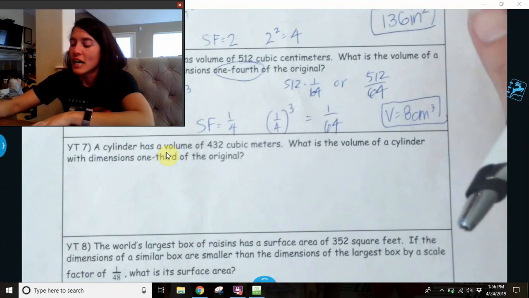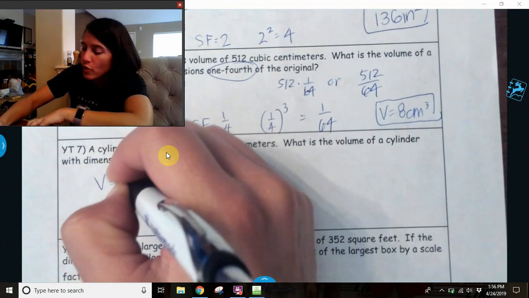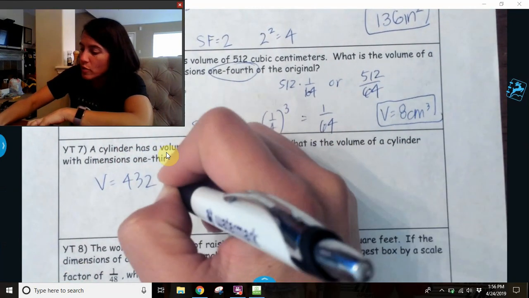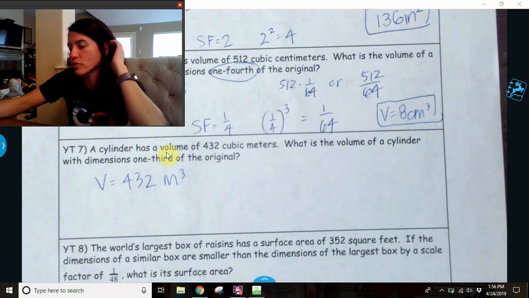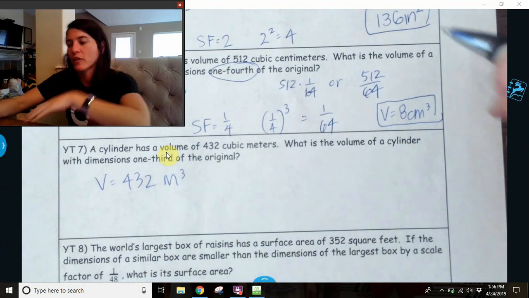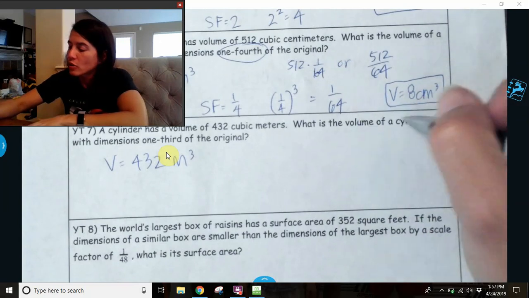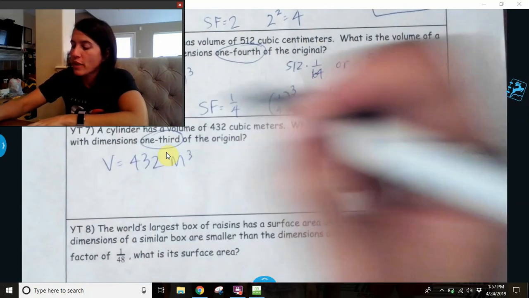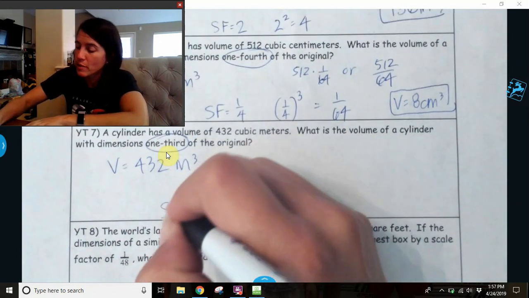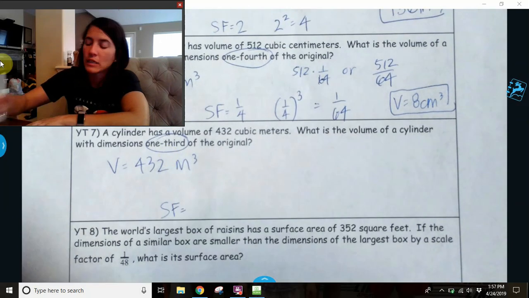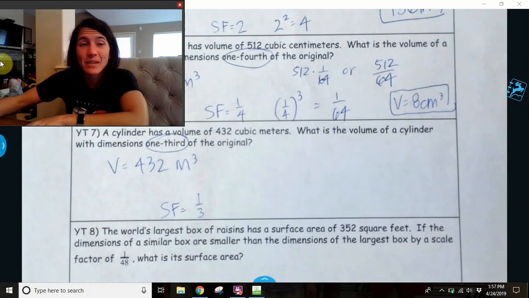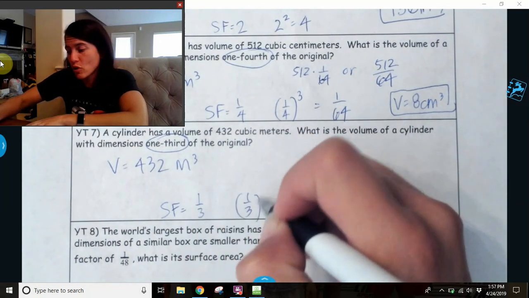Okay. A cylinder has a volume of 432 cubic meters. I feel like we just used 432. Oh yeah, right here, 432. What is the volume of a cylinder with dimensions 1/3 the original? So again, my scale factor is 1/3, and since I'm dealing with volume, I'm going to cube it.